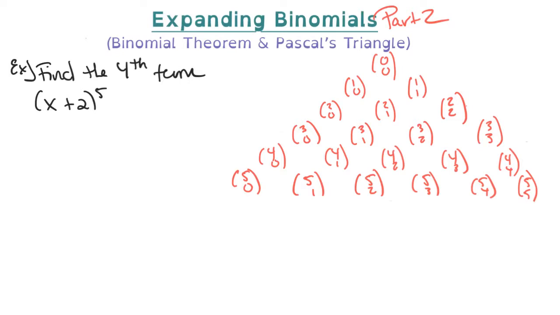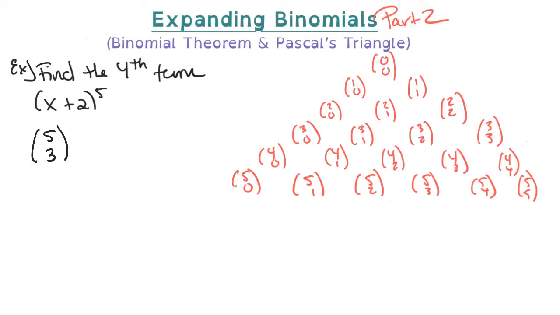Okay, so let's find the fourth term for (x + 2) to the fifth. Since we kept our n the same as the previous example, we're still using this row from our Pascal's triangle binomial theorem. And I took away the row of the expansion. So let's do it this way. The fourth term would be choose 3. It's always going to be one less.